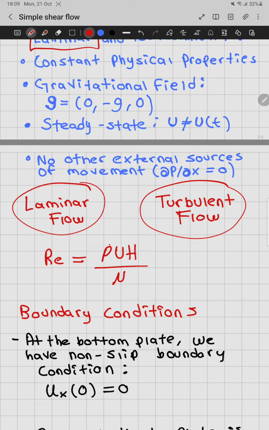We have the fluid density, a characteristic velocity of the system, and a characteristic height or length, divided over the viscosity of the fluid. You can obtain the units of each of these quantities, and you will notice that this ratio will not have dimensions.